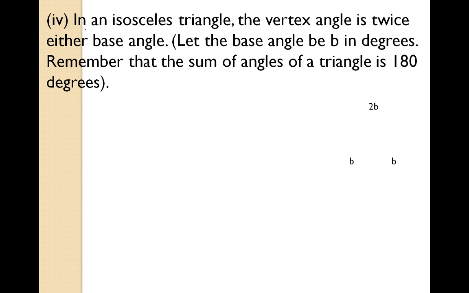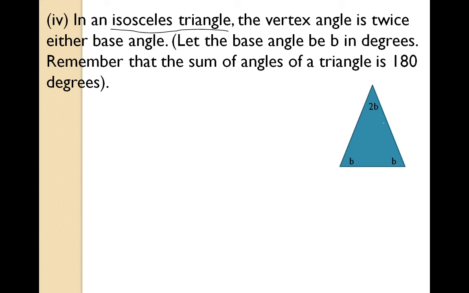Now look at here. In an isosceles triangle, what does it mean? That triangle which has 2 equal sides is known as an isosceles triangle. The vertex angle is twice either base angle. Okay, let the base angle be b in degrees. Remember that the sum of the angles of a triangle is 180 degrees. Now look at here, this is a triangle which has 2 sides equal.